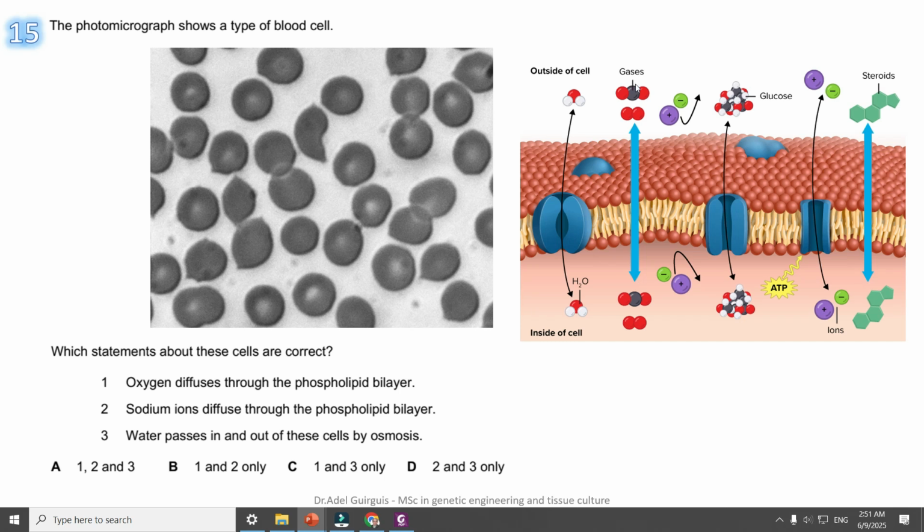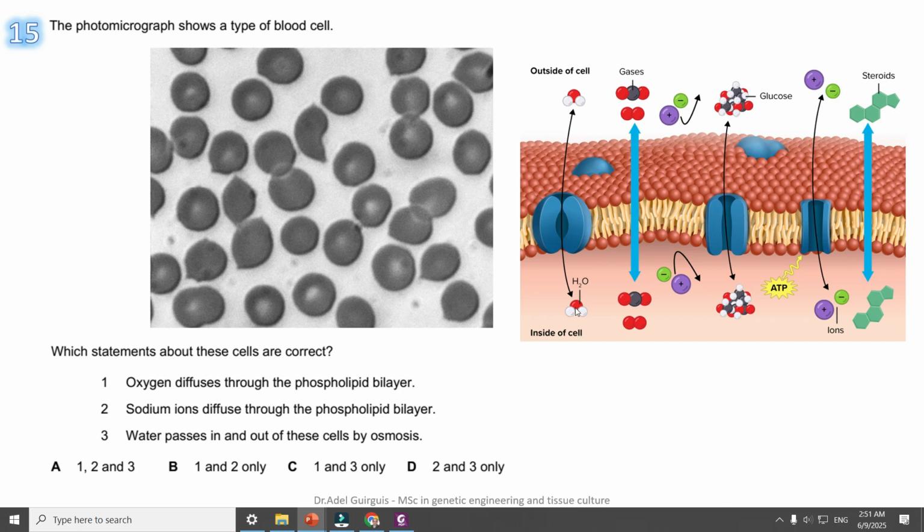The gases O2, like this molecule, and CO2, like another one, pass in and out of the cell membrane easily from any area. These gases don't need any carrier, any gates, any channel. They pass easily by simple diffusion. What about water?